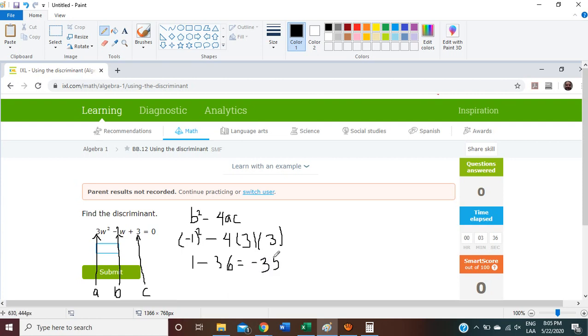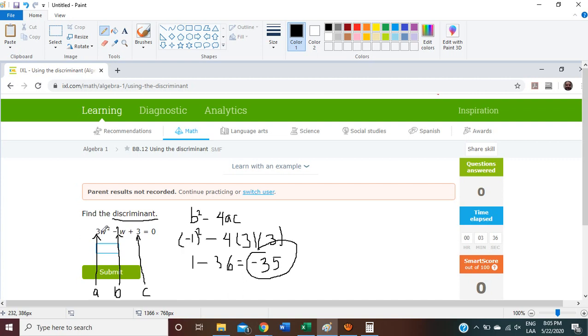This is our discriminant, negative 35. When we have a negative discriminant, this equation has no real solution.